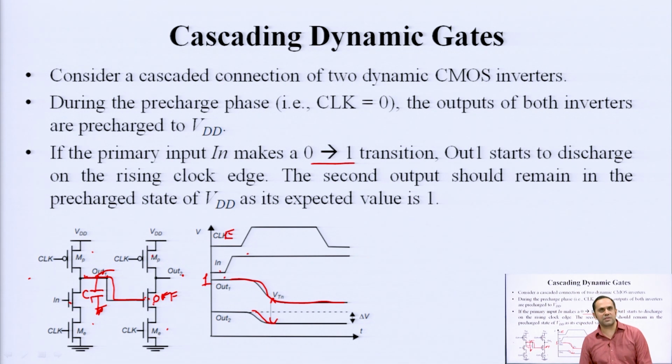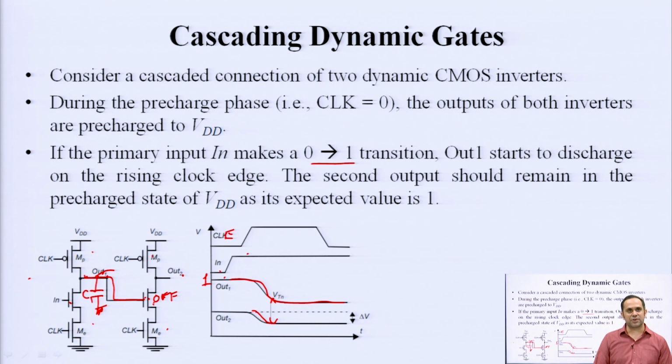Okay. So, what we are seeing here, we have connected two very simple dynamic CMOS circuits, two dynamic CMOS inverters, directly in series via a wire, a simple piece of wire connecting the output of stage 1 to the input of stage 2. And what it does is that, due to finite delays of any switching circuit, any logic circuit, charge loss is taking place, and now this charge cannot be retrieved, because you again have to first go through the pre-charge cycle, you have to wait for the clock to go low again.